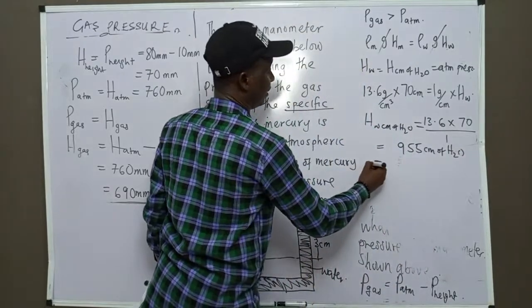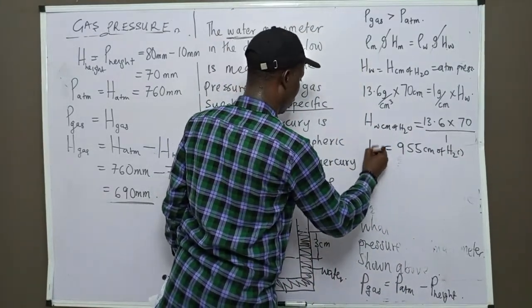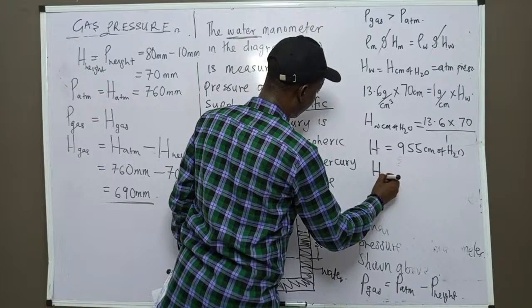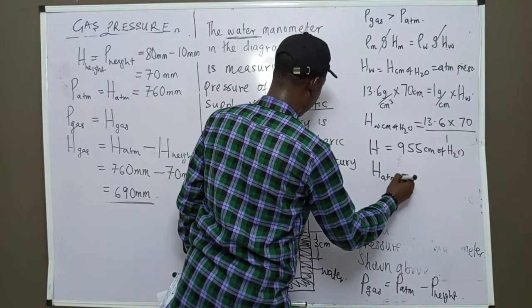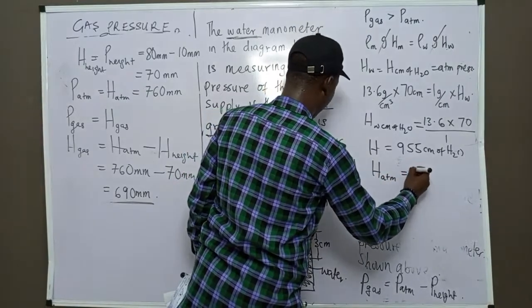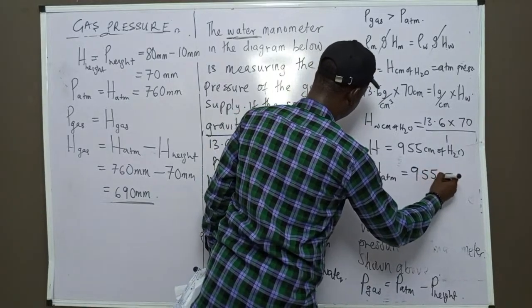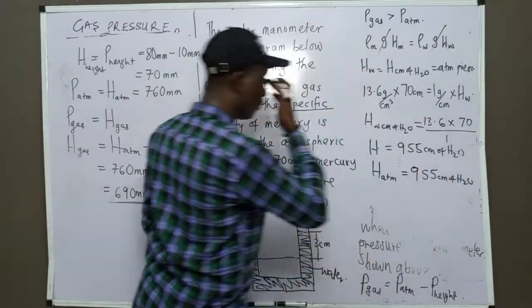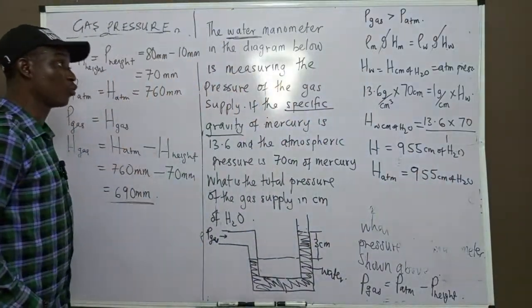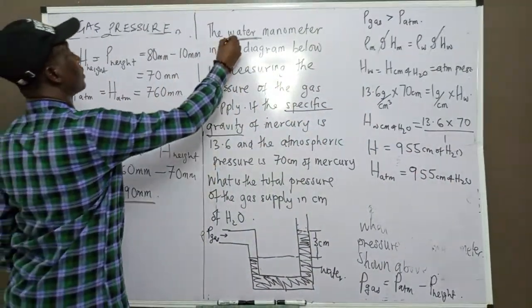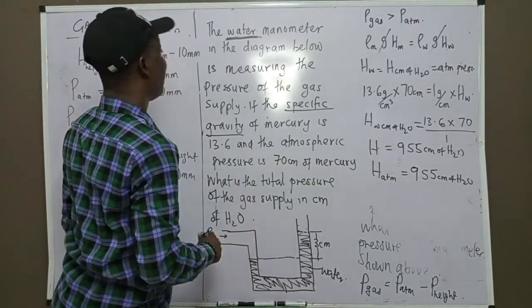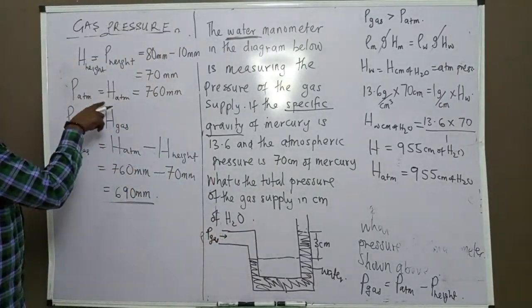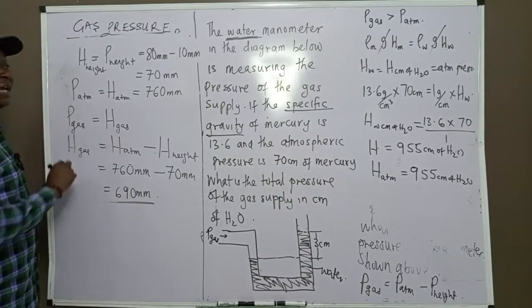So that means the height due to atmosphere is now 955 centimeter of water. So that is the height that we will consider, because we are using water. So we have converted it. I told you that you can use the height as the pressure of the atmosphere.